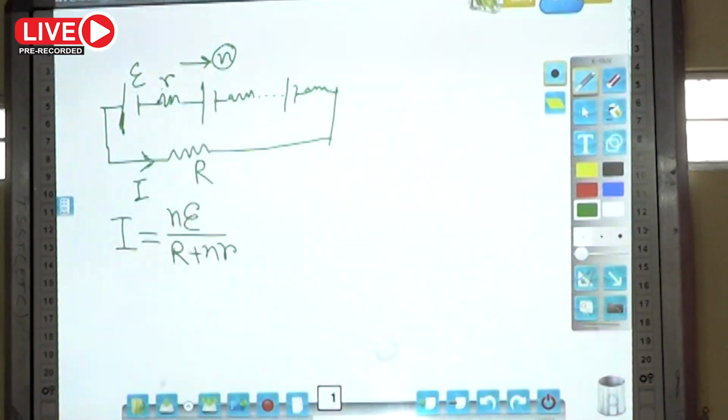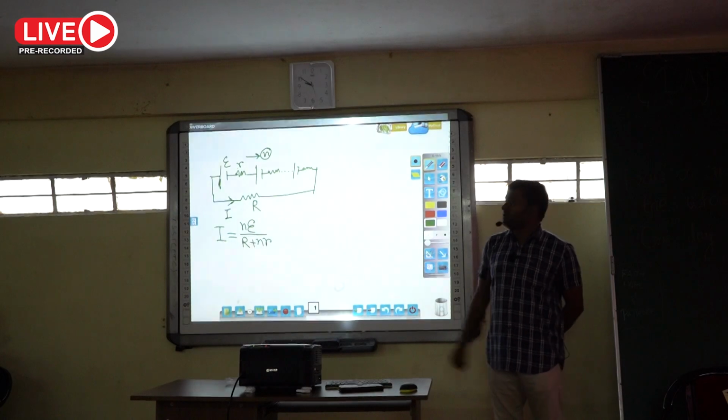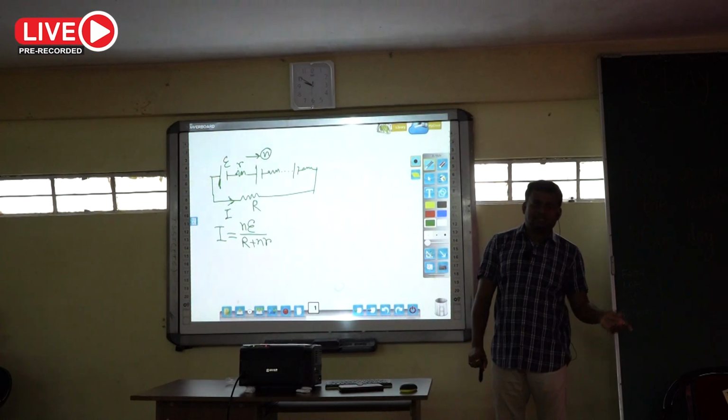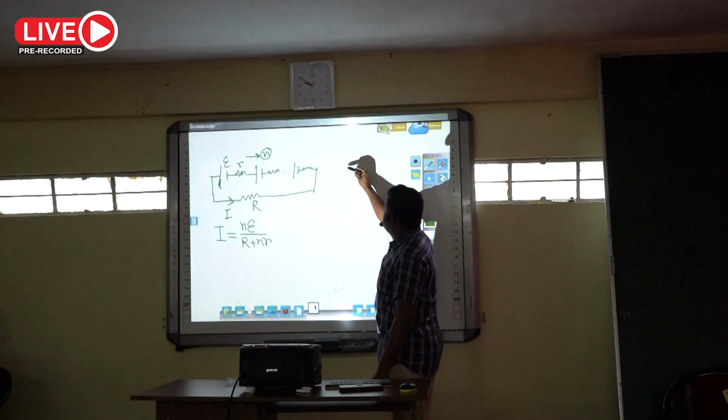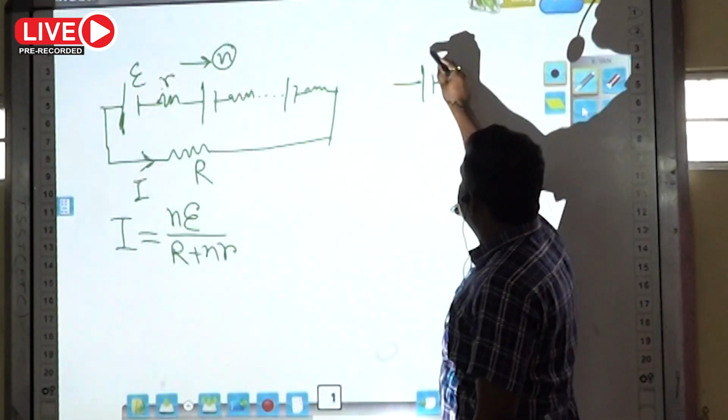Okay. Now, suppose we have one of the cells separately, like this. One of such cells is taken separately.